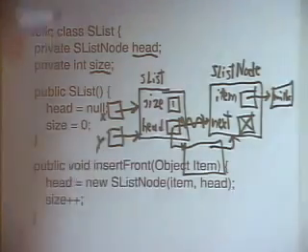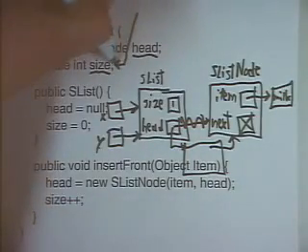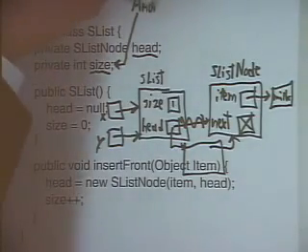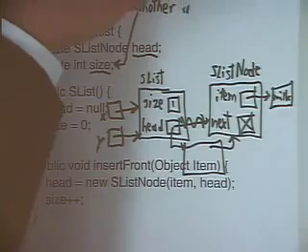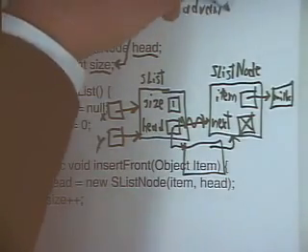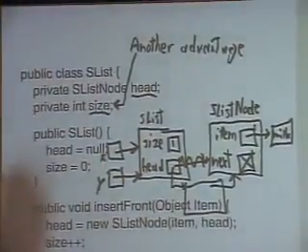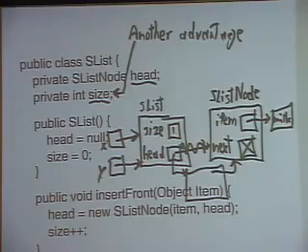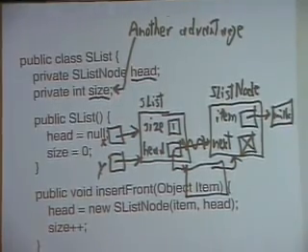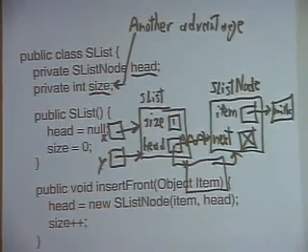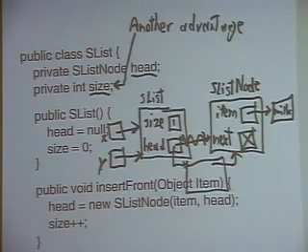Of course, another advantage is that there's this size variable which keeps track of the size every time we do an operation on the list, so that if my phone book grows to 1 million entries, I can just look up how many entries are in the phone book instead of counting them all.